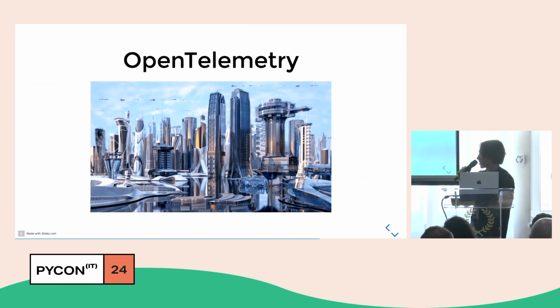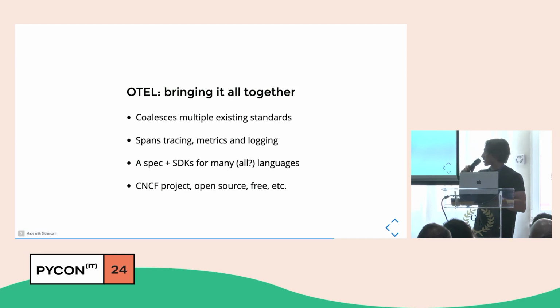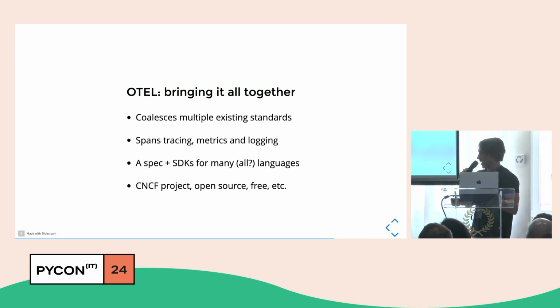So let's talk about OpenTelemetry. OpenTelemetry is the shiny new thing. It's the future. It's what you're probably going to be using for observability. It brings together a lot of existing standards, called OpenCensus and some other stuff, which doesn't really matter. It has spans, tracing, metrics, and logging.